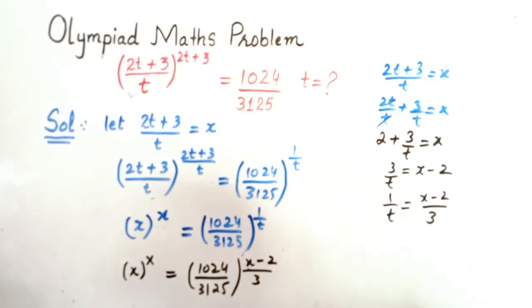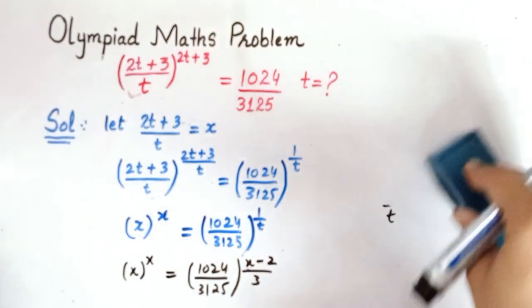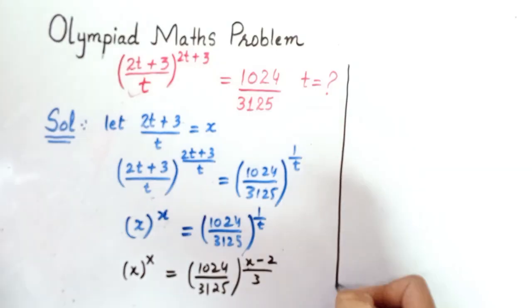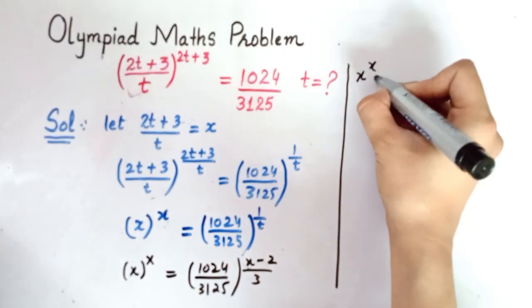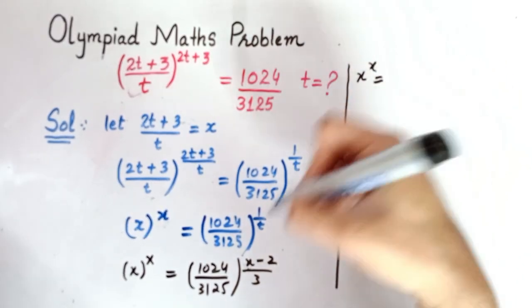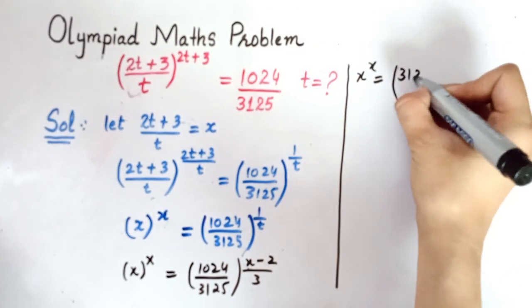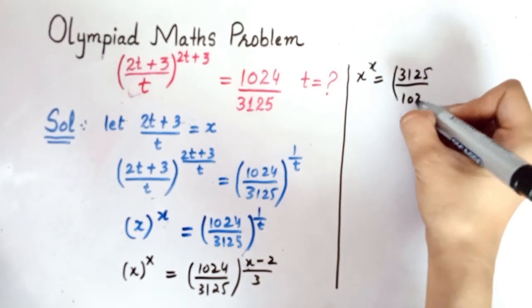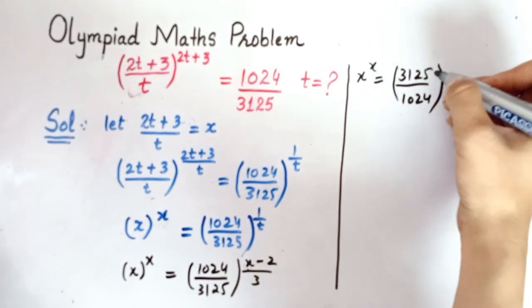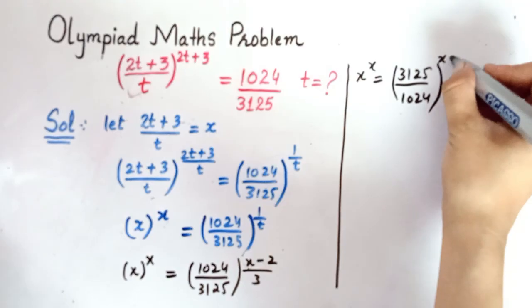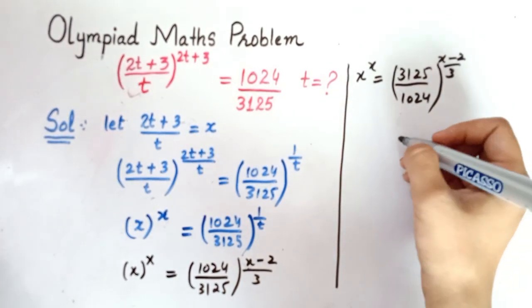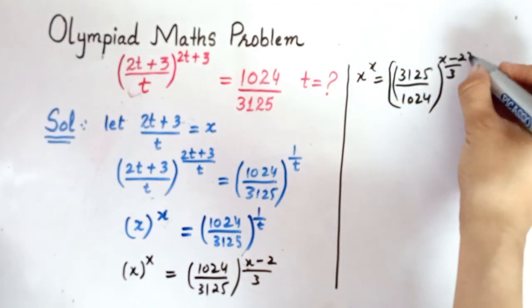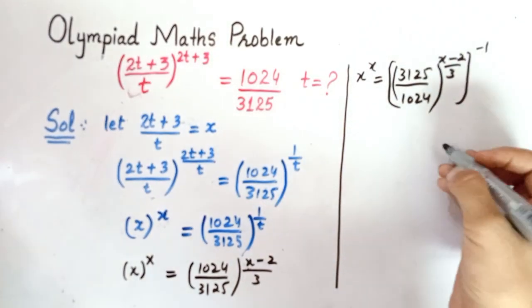Now what will be the next step? We will interchange this and get x to the power x equals (3125/1024) to the power (x minus 2)/3. The whole power will be minus 1 because we have interchanged this.